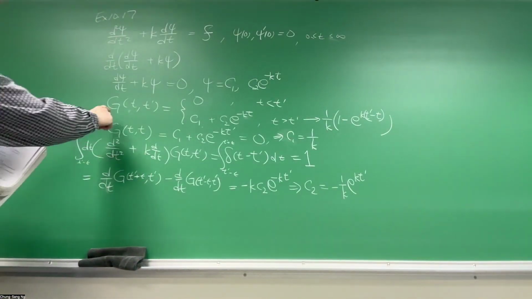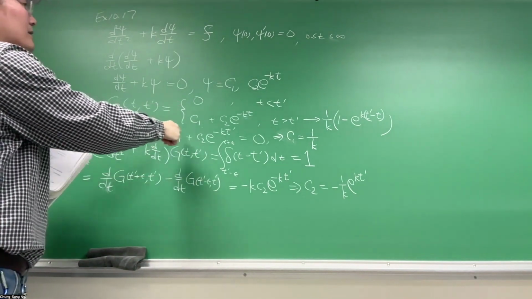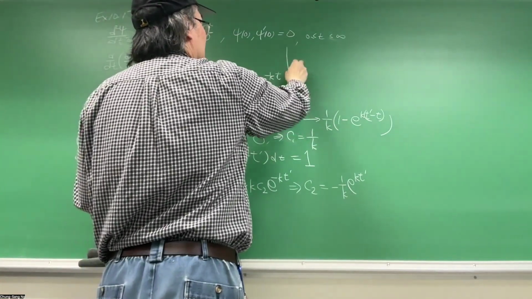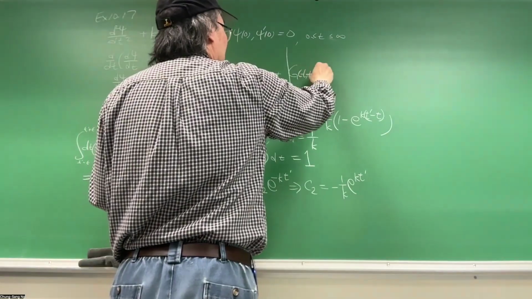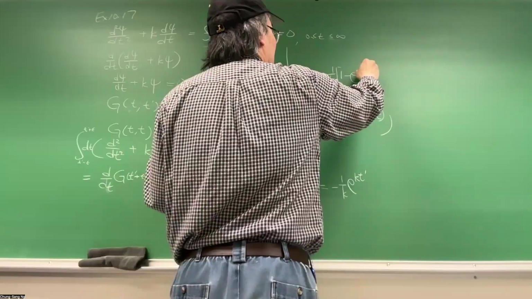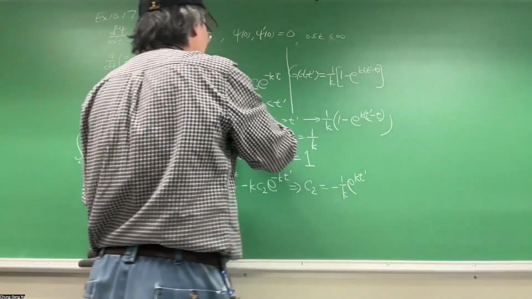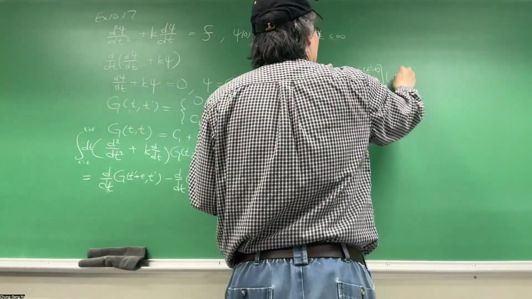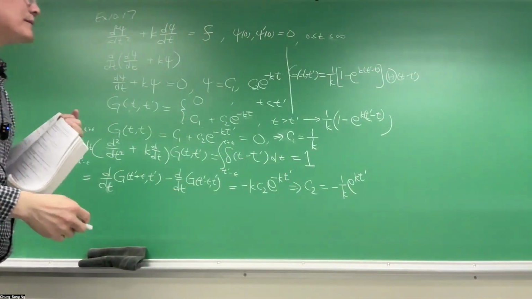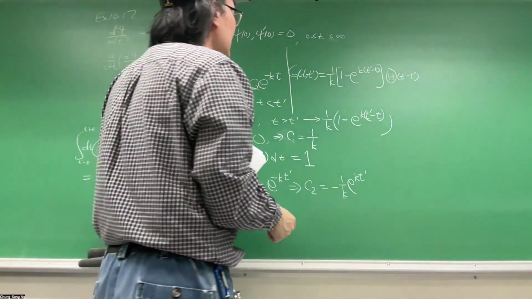Okay, so that should be your G. And combining this, you can write it like a step function: (1 minus e to the minus k(t minus t prime)) over k, for t greater than t prime, so theta. Right. So that would be it.